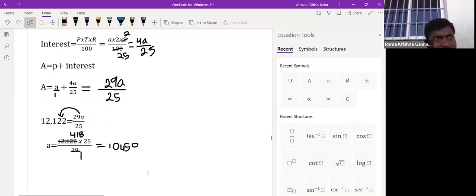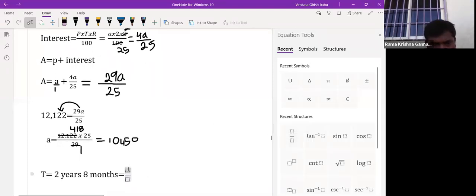The time is 2 years 8 months, so that is 8 by 3 years.